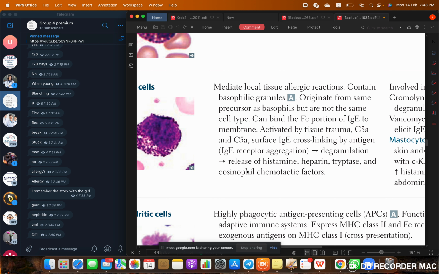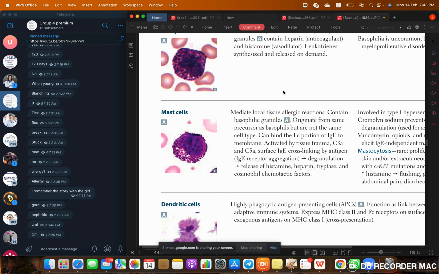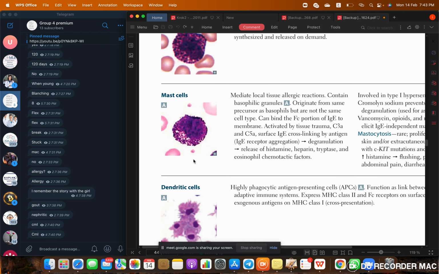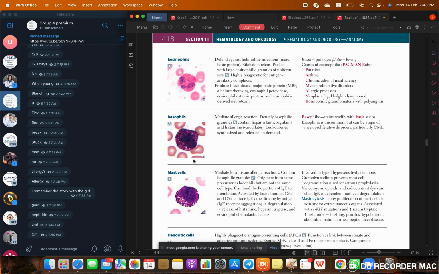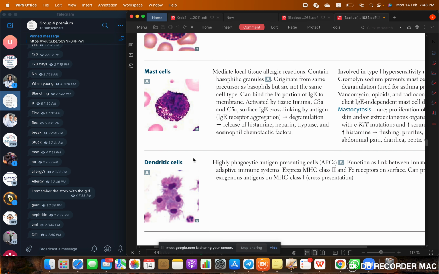It can lead to degranulation, which releases histamine, heparin, and tryptase. I remember they used to ask about this one a lot. It also releases eosinophil chemotactic factors. So the mast cells can call for their friends, eosinophils, to come and give more histamine and more allergic particles.